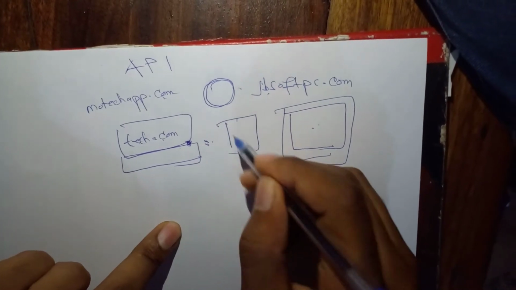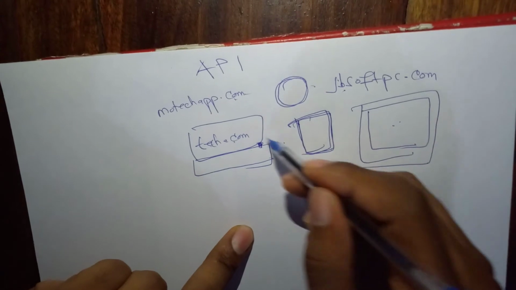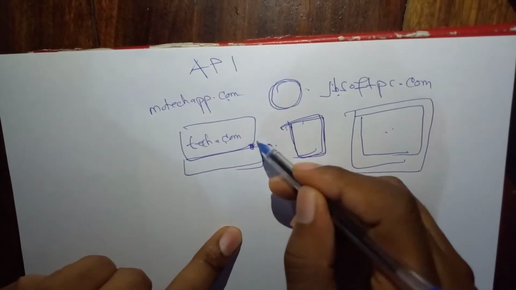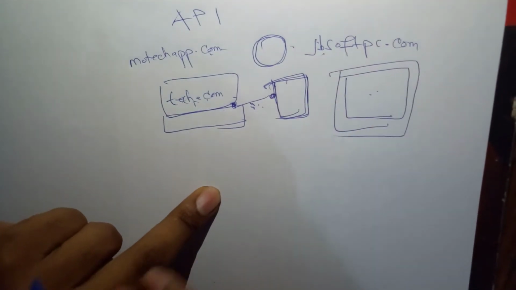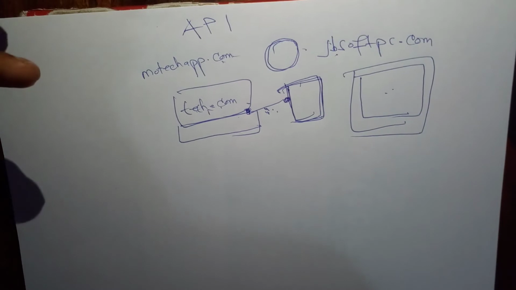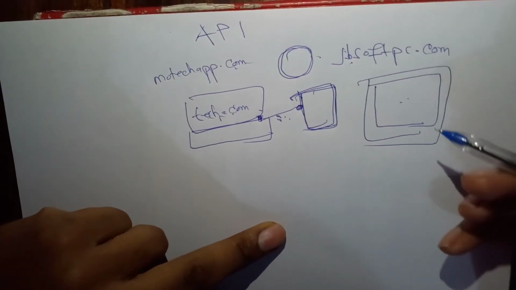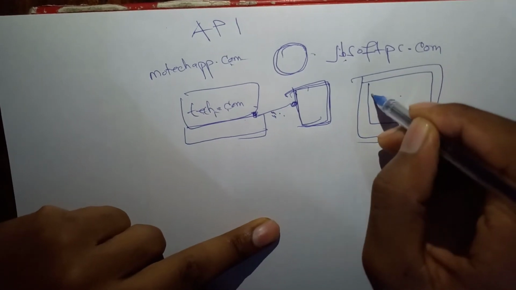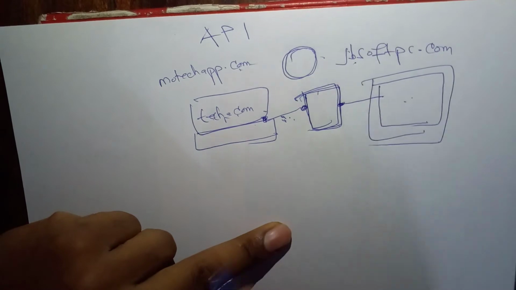Let's say this is an API. So this school management system, which is tech.com, will fetch information from an API. Once we are extending our school management system application, this mobile application will fetch information from the API.